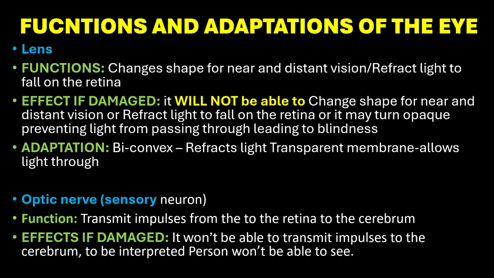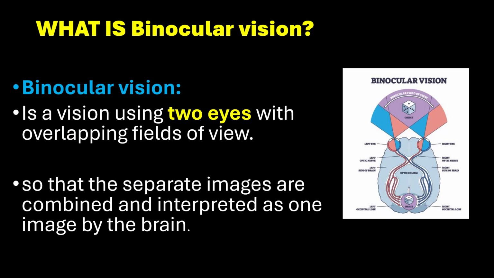Then we went on to look at binocular vision. By definition, binocular vision is vision using two eyes. Take note, the word vision here means sight. And so binocular vision is vision using two eyes with overlapping fields of view, such that separate images are combined and interpreted as one image by the brain.